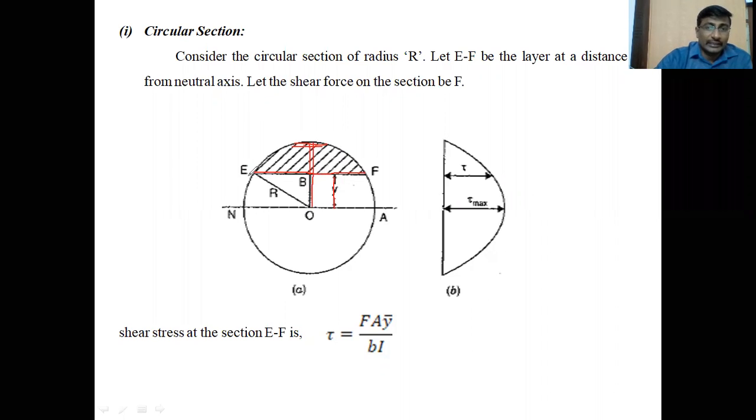So for this shaded area, the distance of small area varies from y to r. Okay, that's why we are taking the limits from y to r.